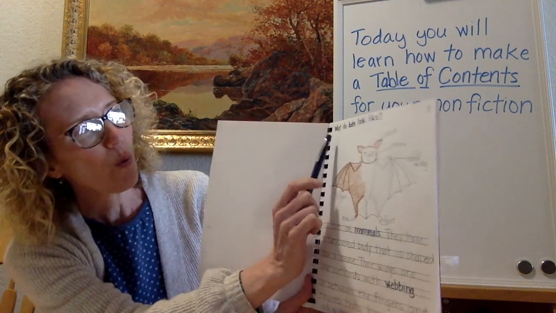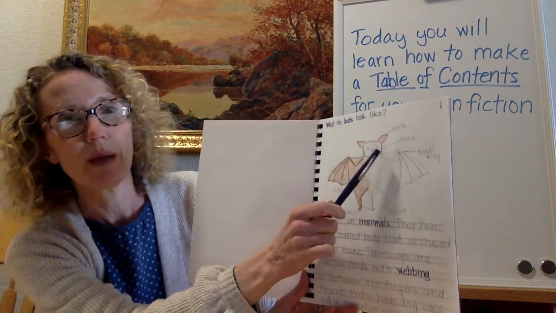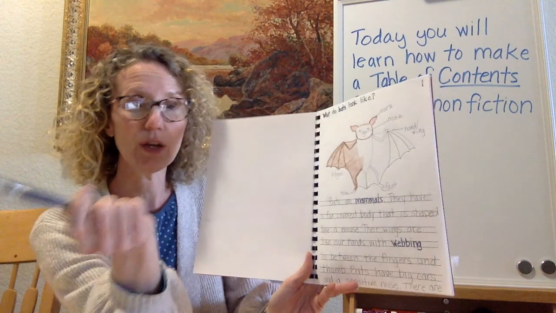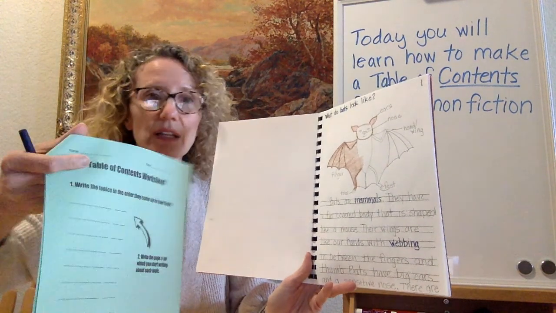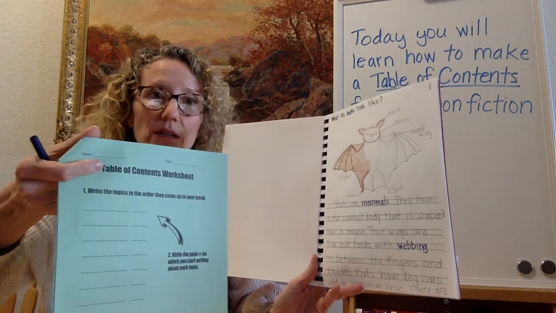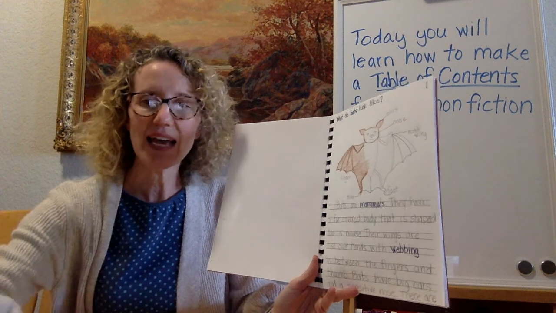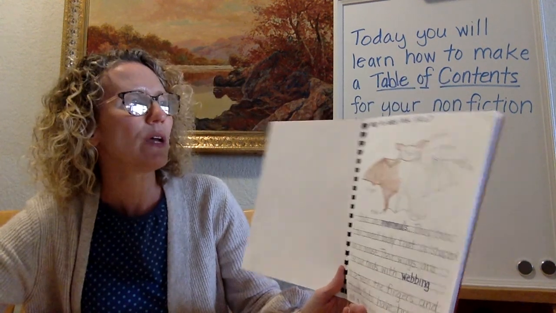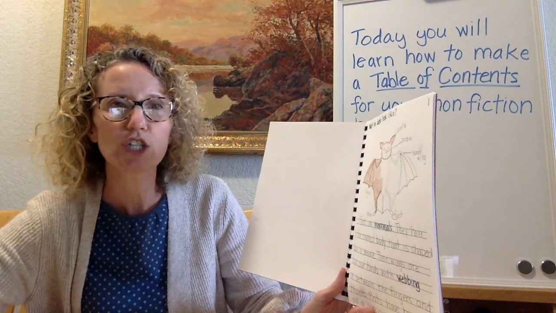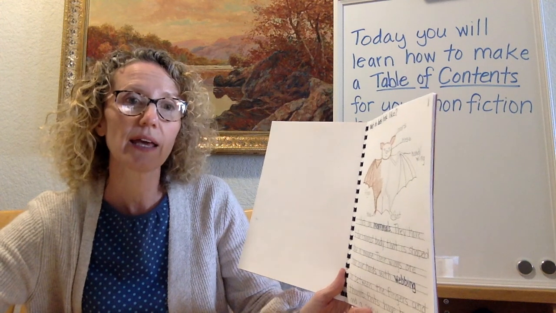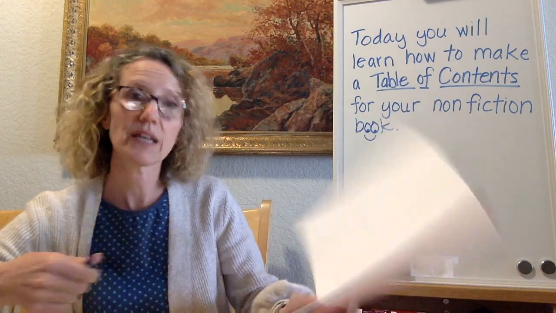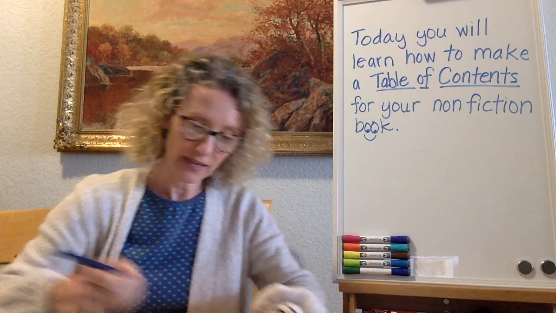And the question is the topic at the top. What do bats look like? You can write that on the little line, on the top line. But I think I might write something a little bit shorter, like bat bodies, because this is a page all about the bat's body.